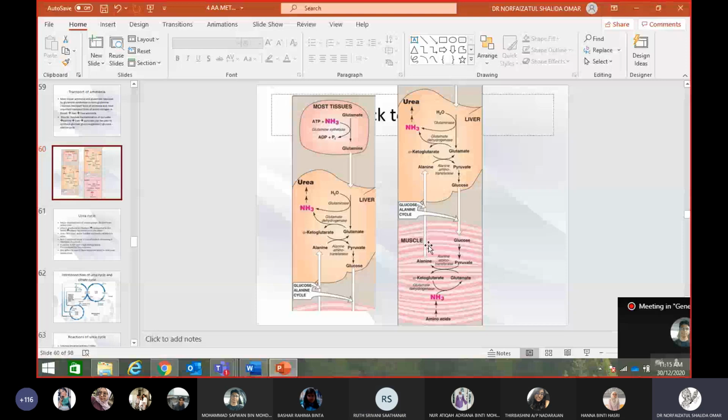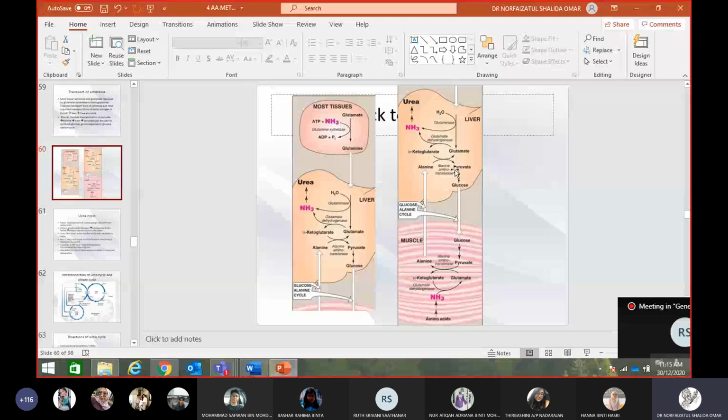It's the same liver, I just cannot put it together because it's long. So alanine goes to the liver, and we convert it back to pyruvate. By transamination it produces glutamate, and by oxidative deamination it produces ammonia. So it cycles back. Pyruvate converts to glucose.